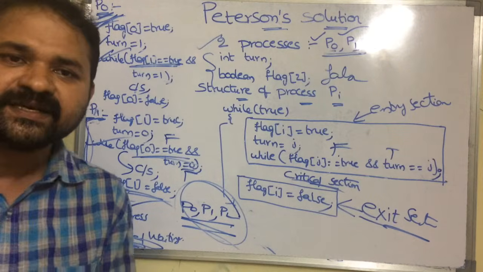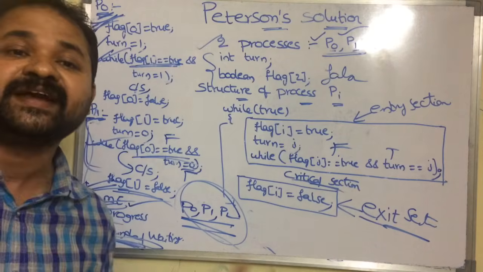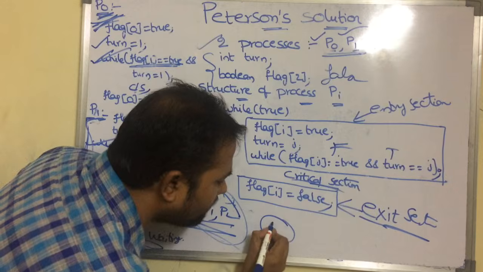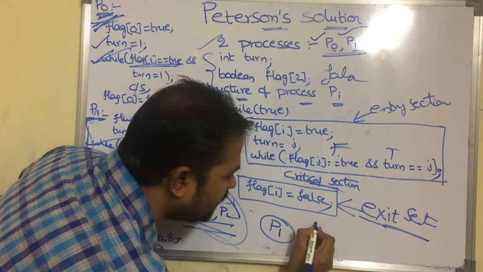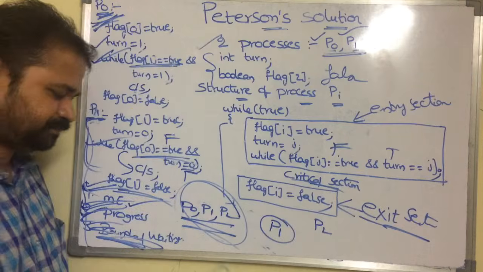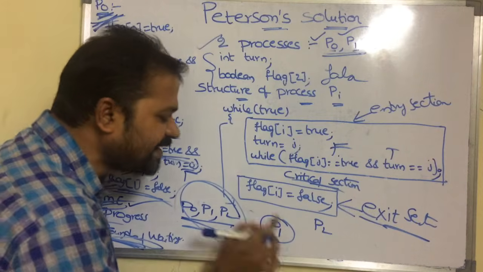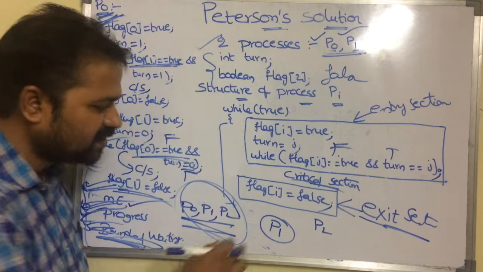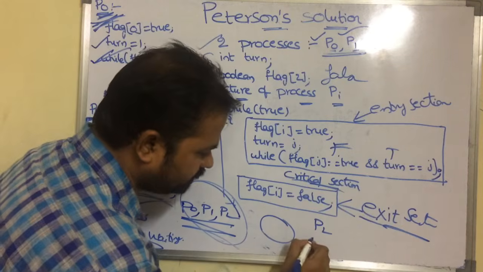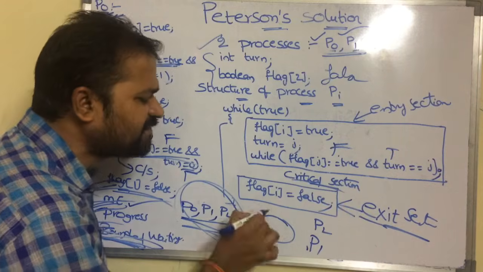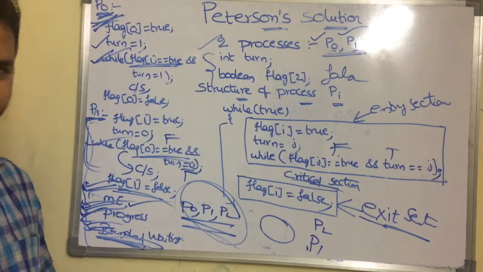When another process requests to enter into the critical section, let us assume that this is the critical section. P1 is in the critical section and P2 sends a request to enter into the critical section. But the critical section contains P1. Let us assume that P1 completed all its operations, so P1 comes out from the critical section. After that, assume that P1 also puts a request to enter into the critical section.